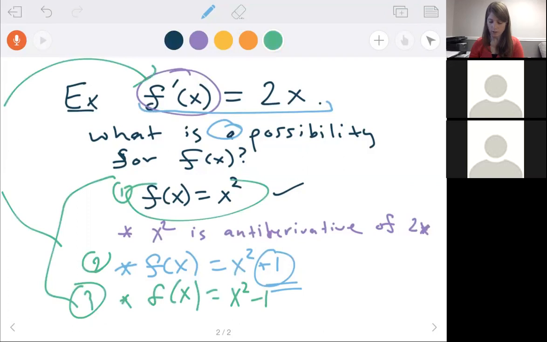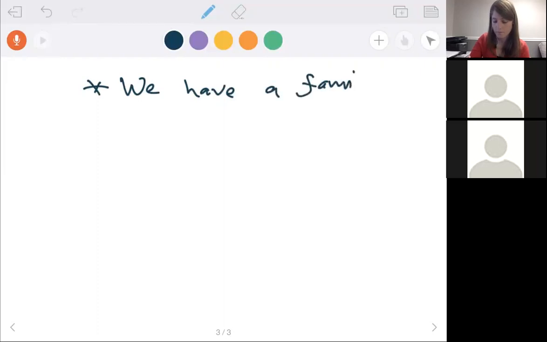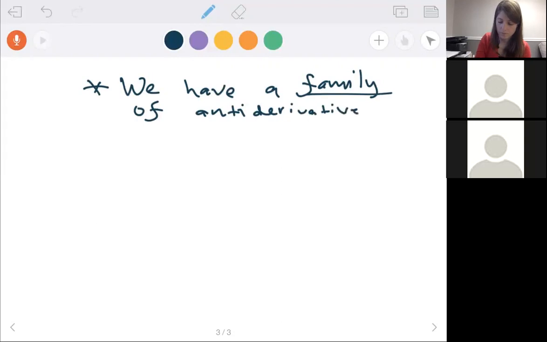So what this leads us to say is anytime we're looking at antiderivatives, we have a family of antiderivatives. I want to think about what this means visually in just a moment, but let's try another example.